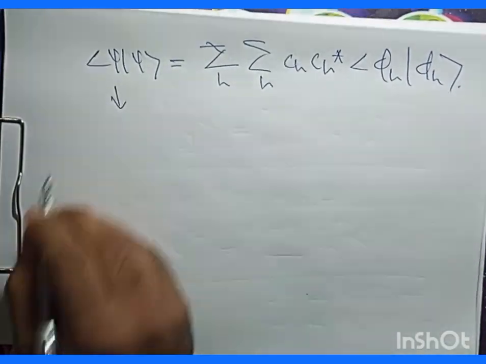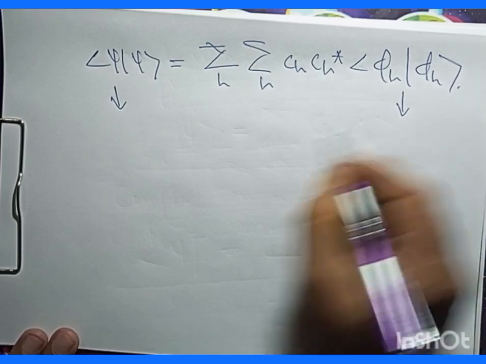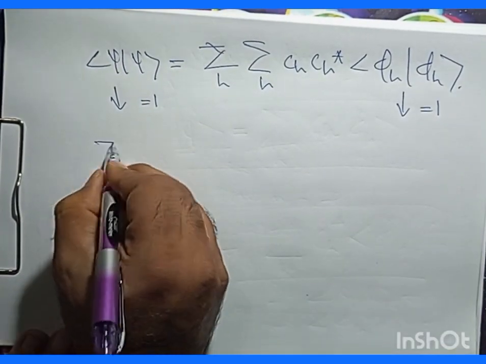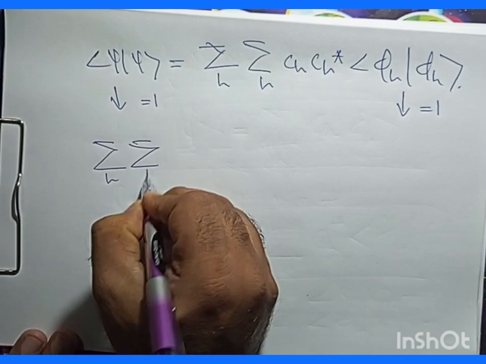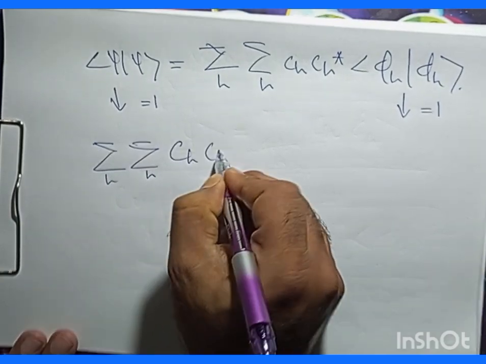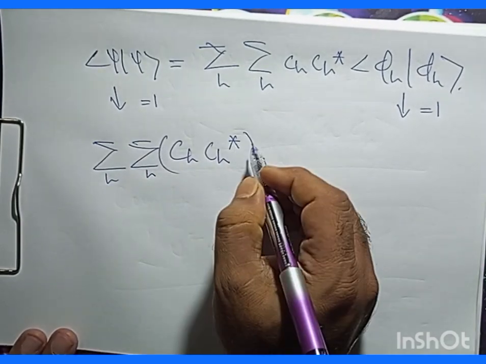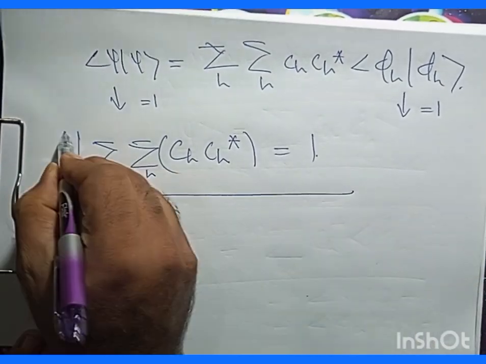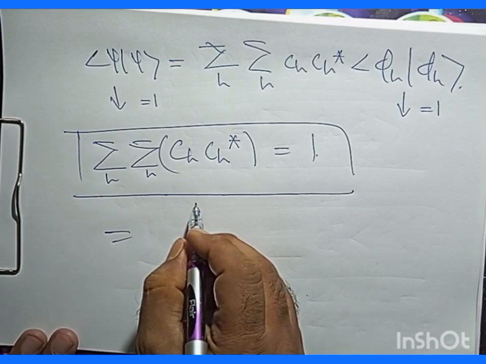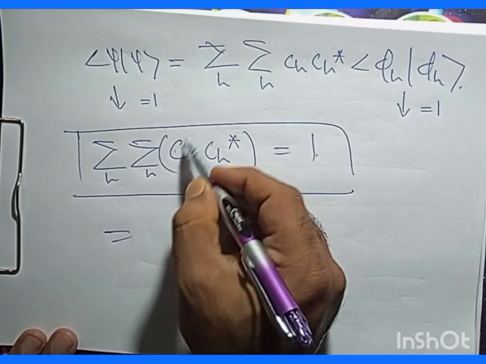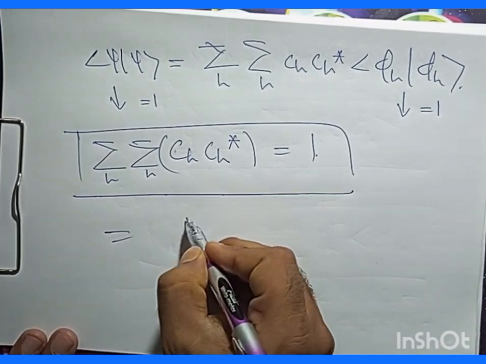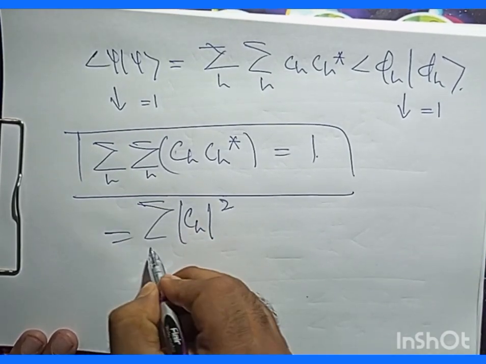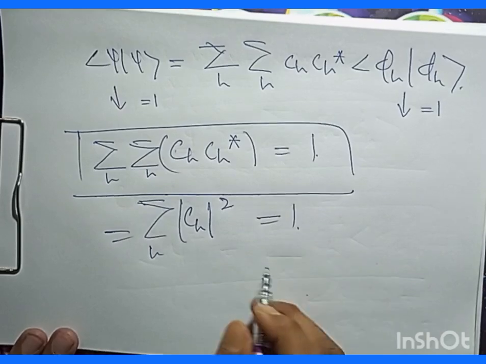But this is equal to 1, and this is also equal to 1. So the sum over n of Cn star Cn is equal to 1.